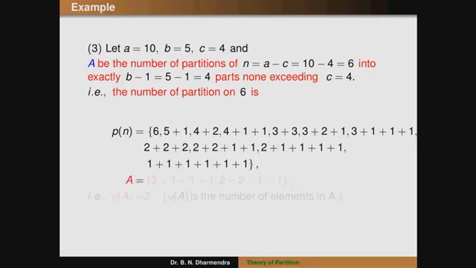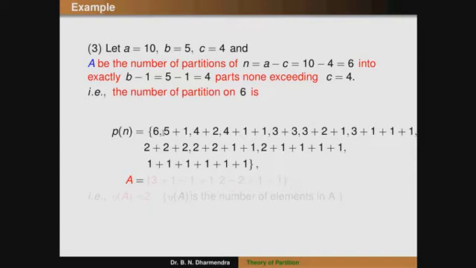Now we can find out the value of A here. Okay, the condition is the number of partitions of n, that is 6, into only 4 parts. We can find out what the 4-part ones are here.